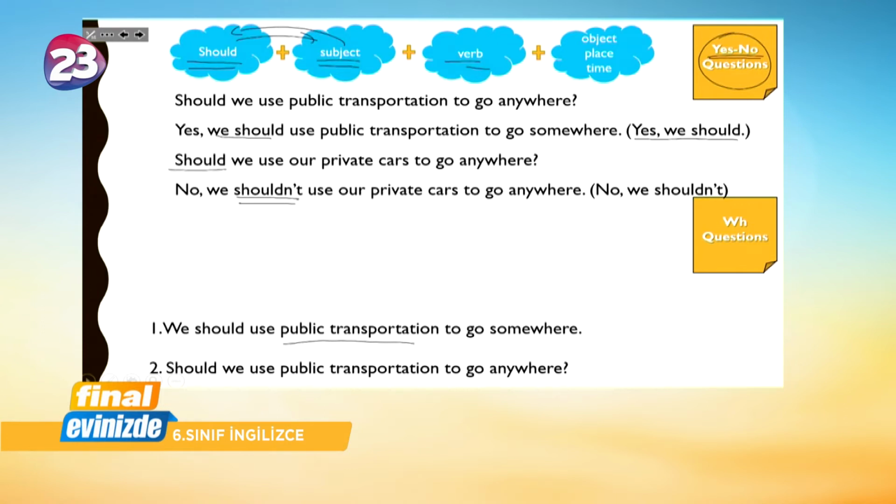Look at here, first we've got here subject and then should. When I changed into yes-no question, what did I do? I brought should in the beginning of the sentence and I wrote rest of the sentence same. Okay. Now, let's come to double-edged questions. Okay, here.